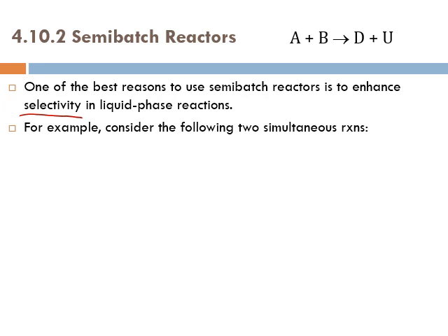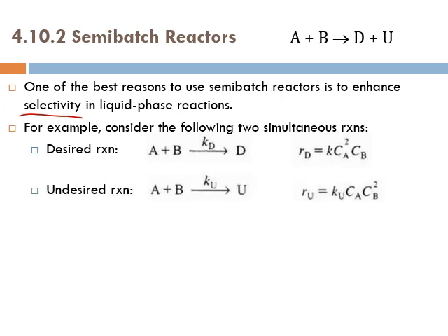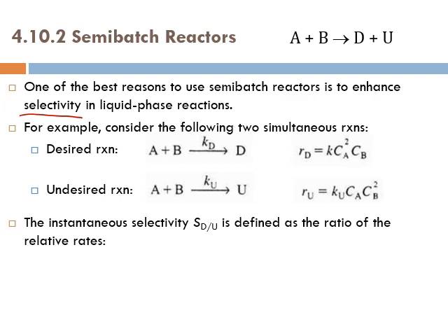For example, consider the following two simultaneous reactions. Desired reaction, A plus B gives you D, this is the rate law, and you have another possible reaction, which is an undesired reaction where A reacts with B as well, but this time will form U, and you have the rate law.